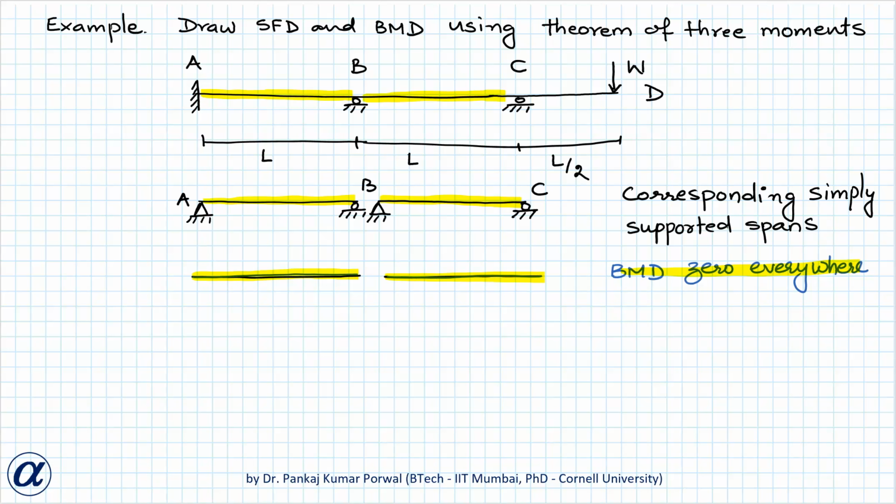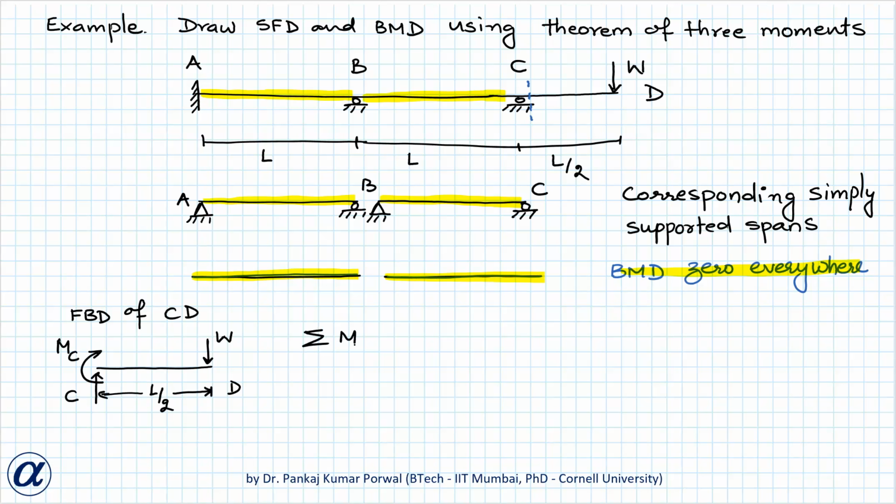The bending moment at the support just before overhang, that is support C in this case, can be found by considering free body diagram of overhang CD. And if I write sum of all the moments about C equals to 0 by considering clockwise as positive moments, this will give me the moment because of this MC, which is clockwise, will be plus MC.